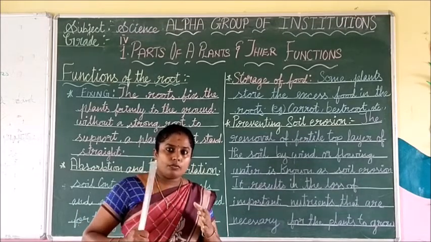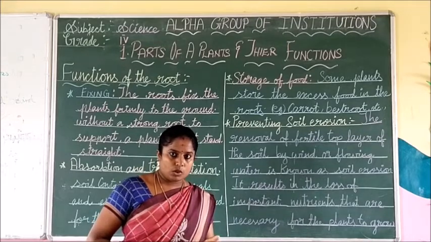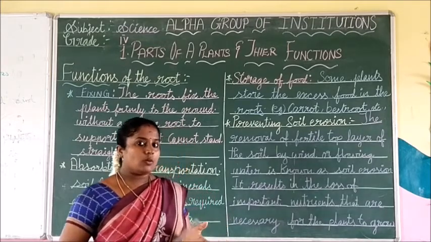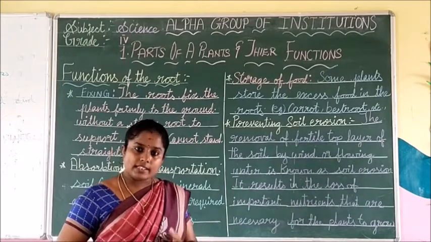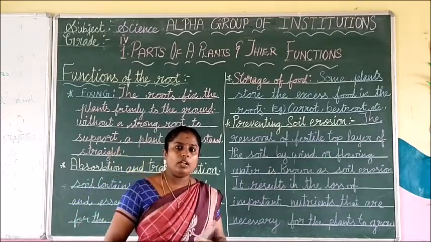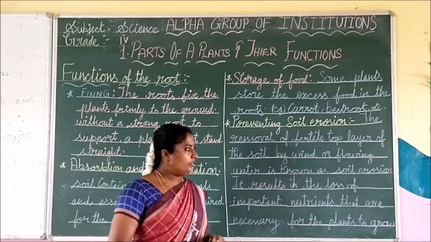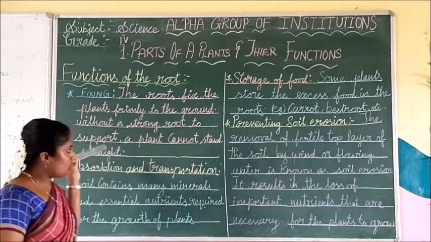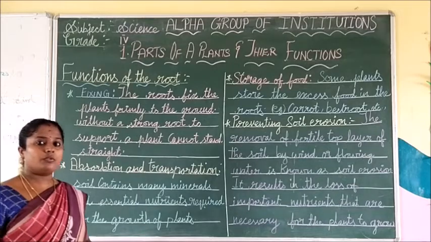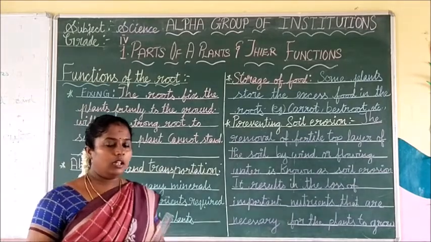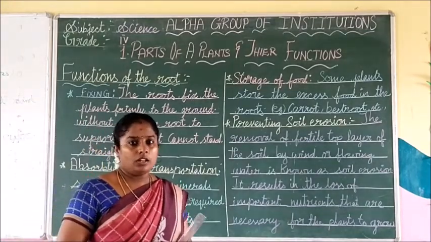The examples of fibrous root systems are grass, coconut plant, and palm tree, and the examples of taproot systems are rose plant, etc. Then we have discussed the functions of roots, and we'll see the activity based on our topic.